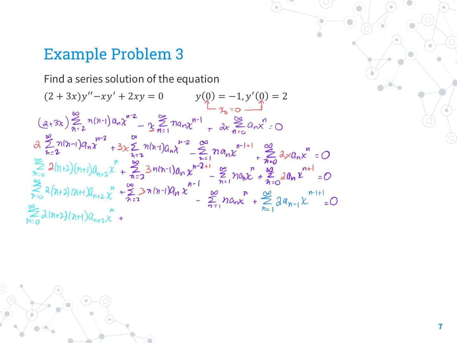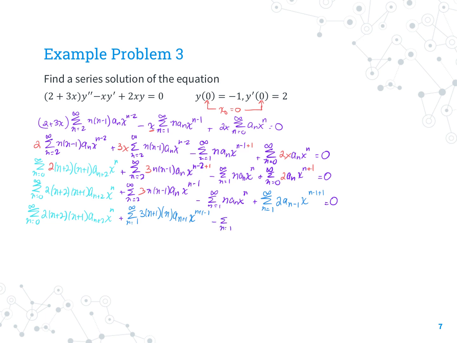So now all of our n's are n plus 1, which means our new sum is going to be the sum from n equals 1 to infinity of 3n, not quite n, remember we shifted it. We shifted it from n to n plus 1, so 3 times n plus 1, and now n minus 1, when we shift it and change the n to n plus 1, we'll get n plus 1 minus 1, which is just n. A sub n+1, x to the n+1-1.